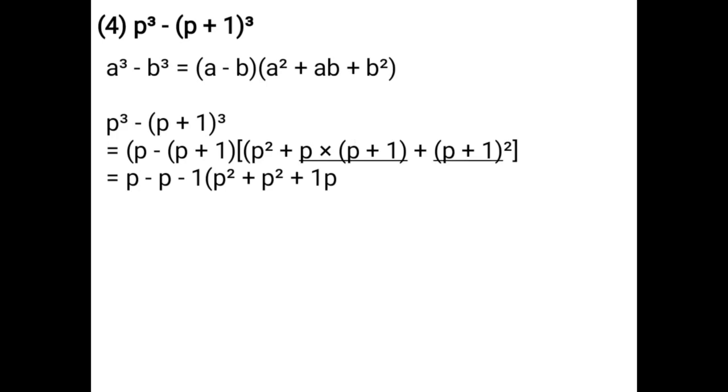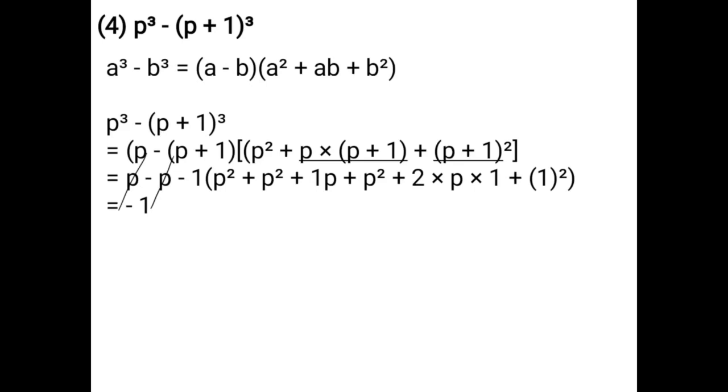We have to use the formula of (a plus b) the whole square. The formula of (a plus b) the whole square is a square plus 2ab plus b square, that is plus p square plus 2 into p into 1 plus 1 square. Next step, p minus p gets cancelled, so what will remain? That is equal to minus 1.